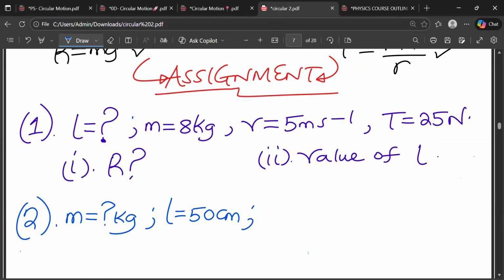What are they saying? They're giving us tension 28 newtons. Then they're giving us still constant speed.